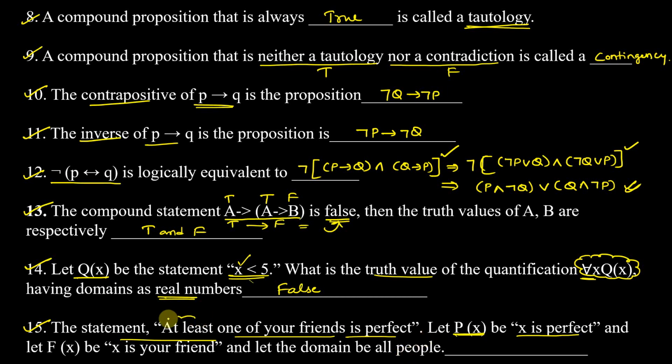So at least one proposition is mentioned. At least one means there exists X. So we can say there exists X. X should be your friend, so we can say X is your friend, F of X. If X is your friend, then we can write implies X should be perfect. We can write P of X, right?